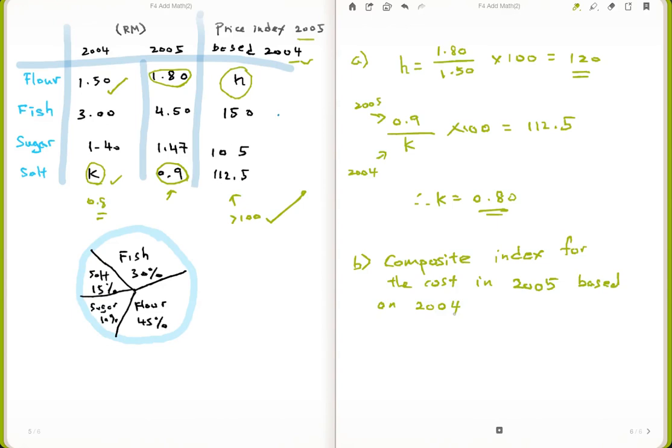First of all, you need to ask if you have the index price. Do you have an index price 2005 based on 2004? Do you have the index price? The answer is yes.